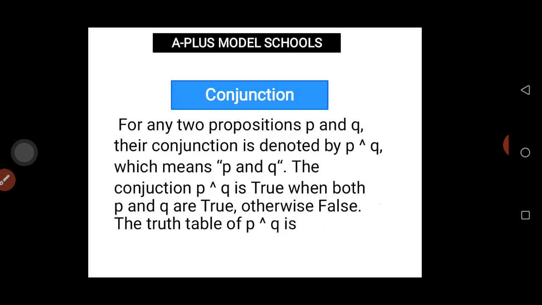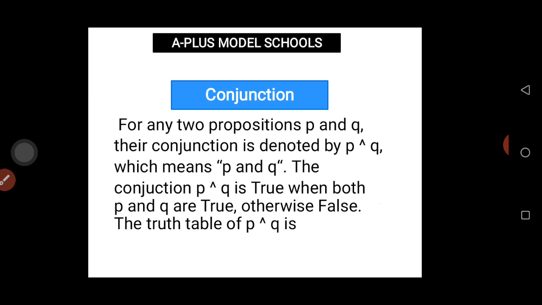So the next connective is conjunction. For any two propositions P and Q, their conjunction is denoted by the symbol you can see as well. That symbol represents and, which means P and Q. So the conjunction P and Q is true when both P and Q are true.